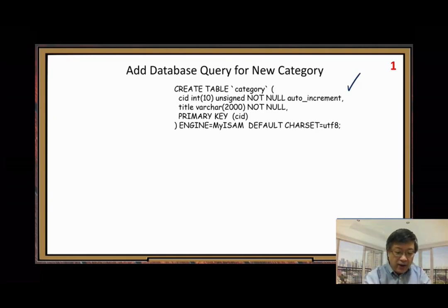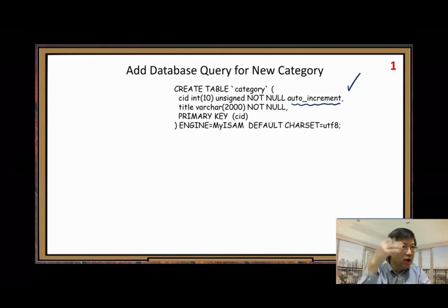Then we have a primary key CID, and we make this CID number auto increment. So you understand the meaning, right? That means when we insert a new category, we do not need to set this value.